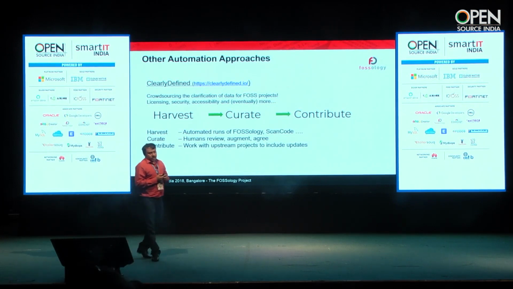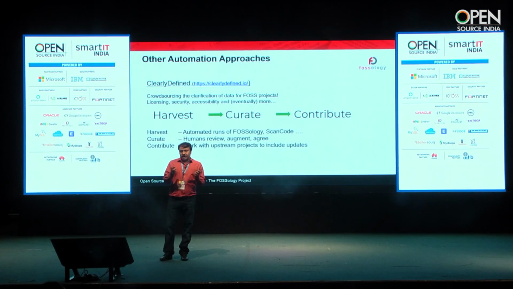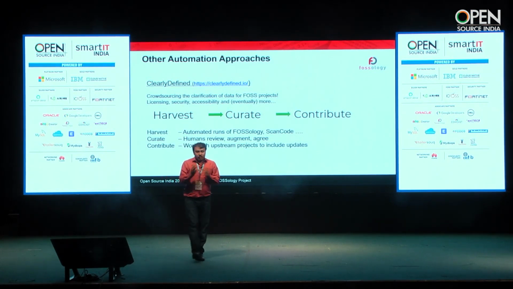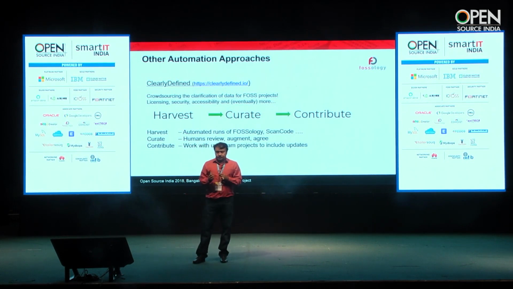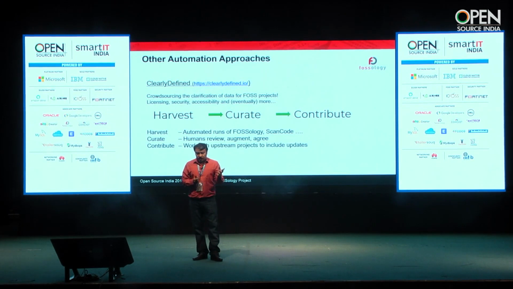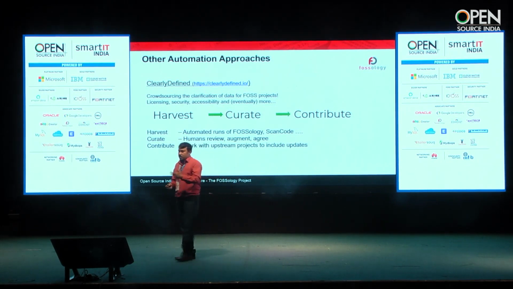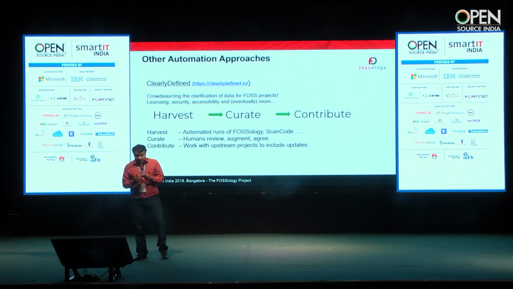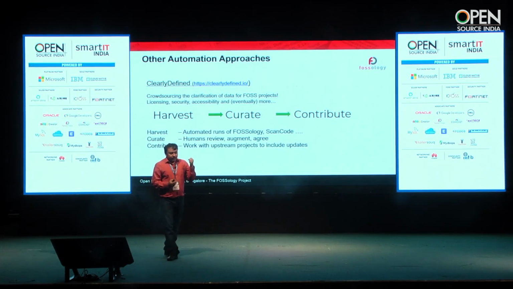What the harvest does is pull the data when you log into ClearlyDefined, for example from your GitHub login, and sync it with the ClearlyDefined server. It uses Fossology and ScanCode as license scanners to find the licenses, then gives them to you.